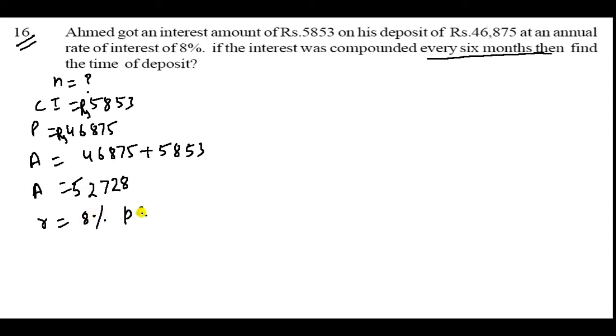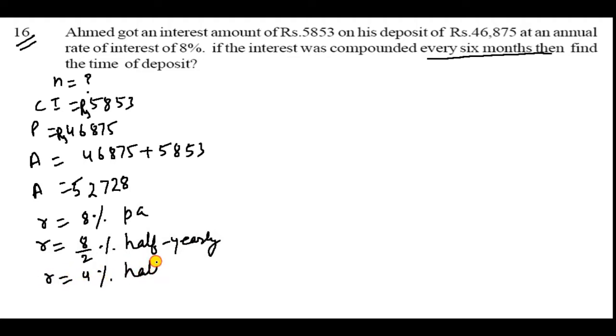So that will be your amount, and this is your principal, and the rate of interest is given as 8%, but it is per annum. It will be changed into half yearly. So R will be equal to 8 divided by 2%, that will be equal to 4% half yearly.